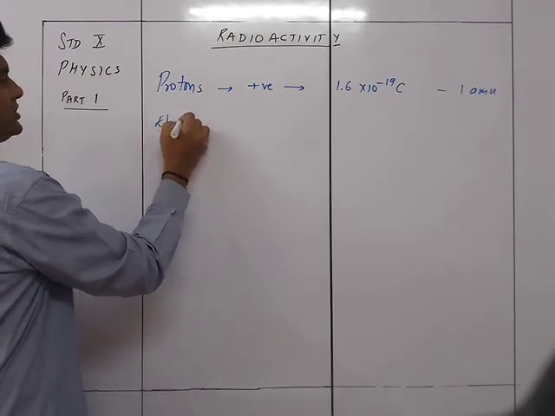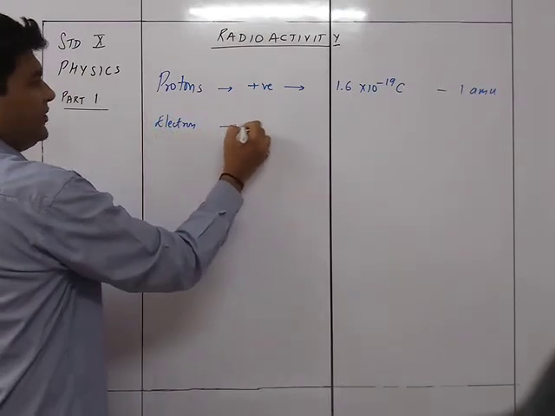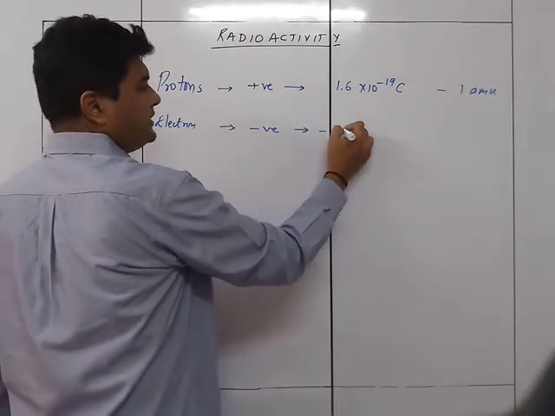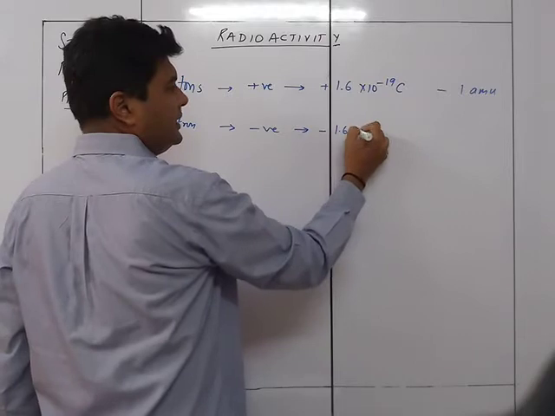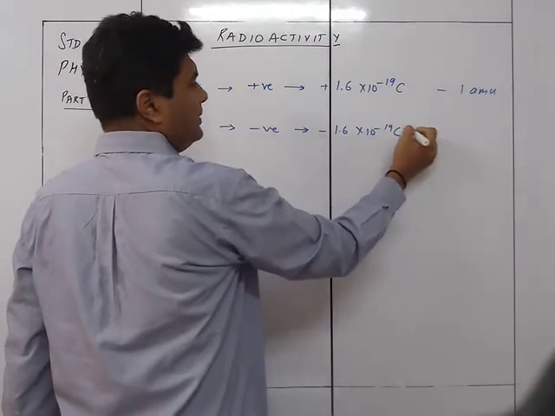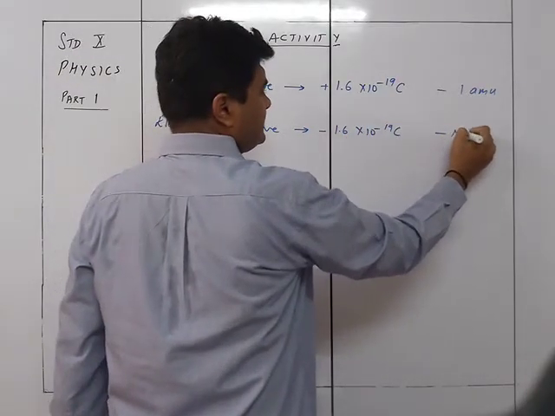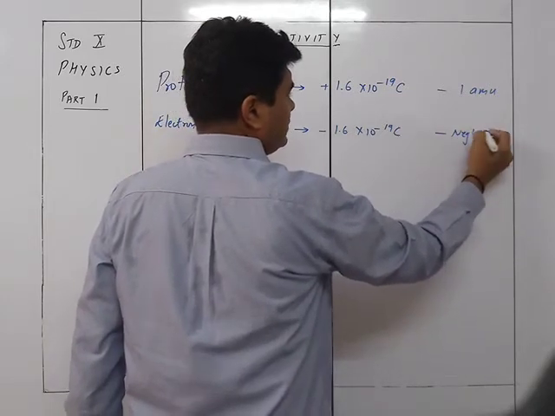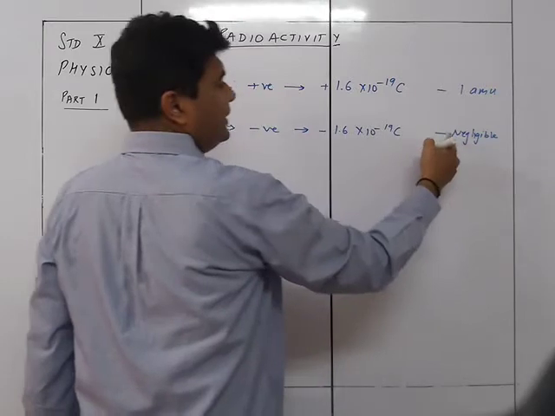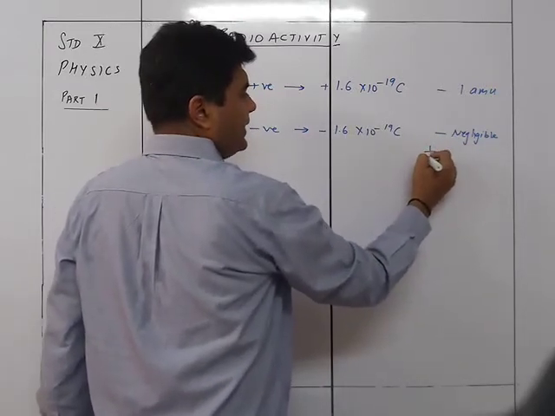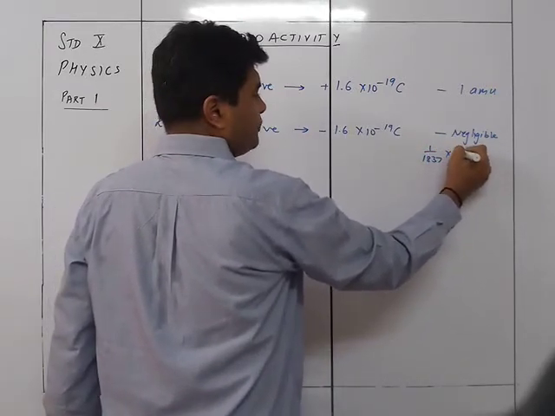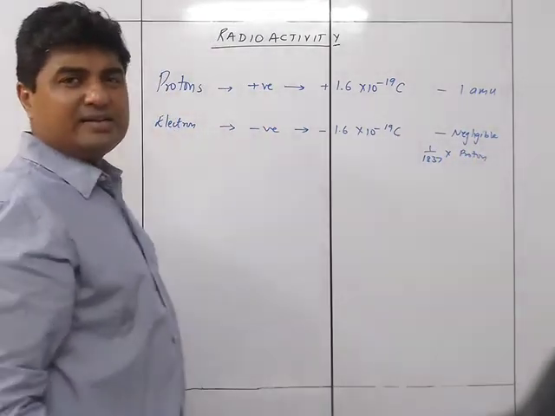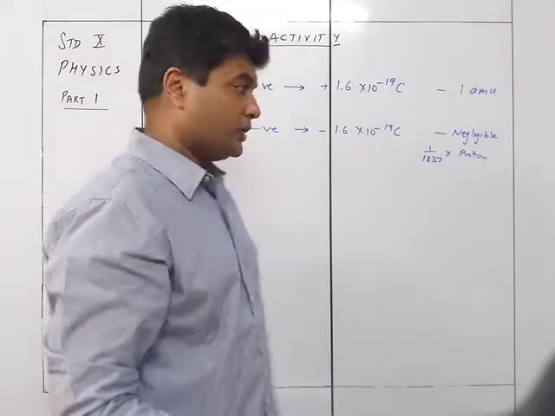Electrons are negatively charged particles, and they have a charge of minus 1.6 × 10^-19 coulomb, and they have negligible mass. The mass is approximately 1/1837 times that of a proton. So that's why it is negligible, because it is 1837 times lighter than a proton.